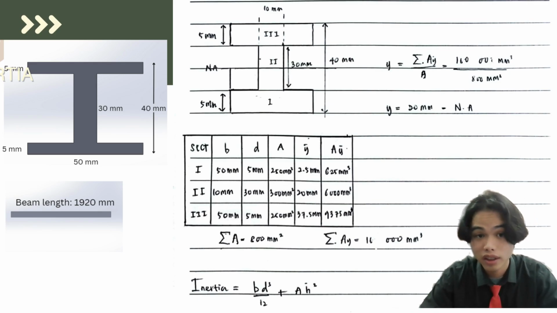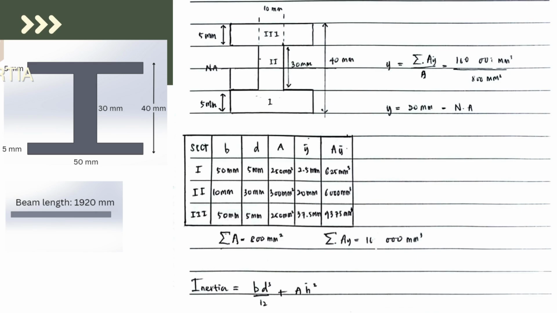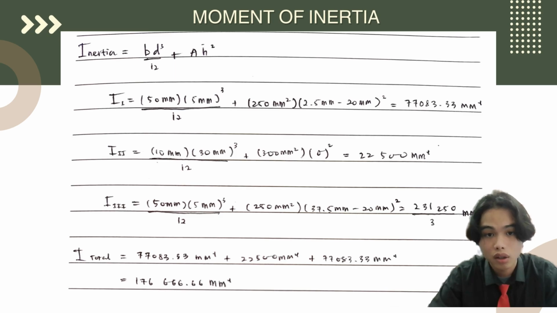Next, for each section, I use the formula of inertia, which is BD squared over 12 plus AH squared, and the calculation is shown in the slide.